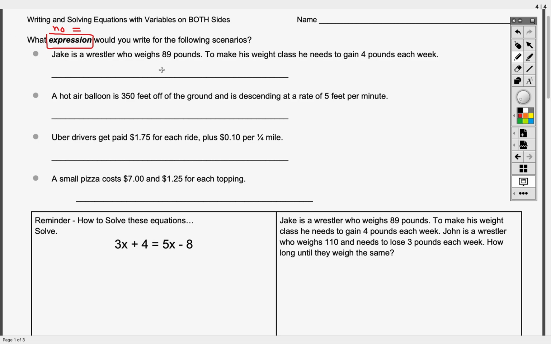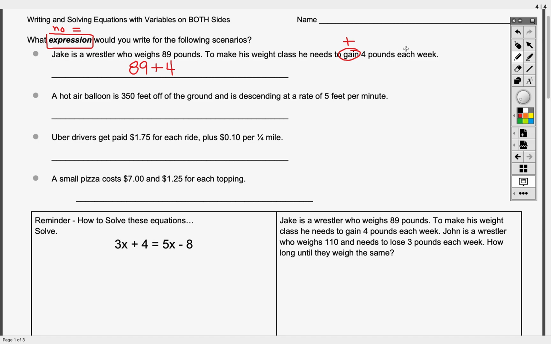So Jake is a wrestler who weighs 89 pounds. So you need to be like, all right, what do I write down? Well, probably the number, which would be 89. Do you need the label? No, not right now. To make his weight class, he needs to gain. And now I want you to circle the word gain, and the word gain is going to tell you to add. So we're going to add 4 pounds.